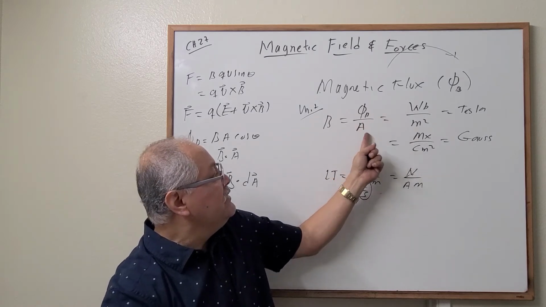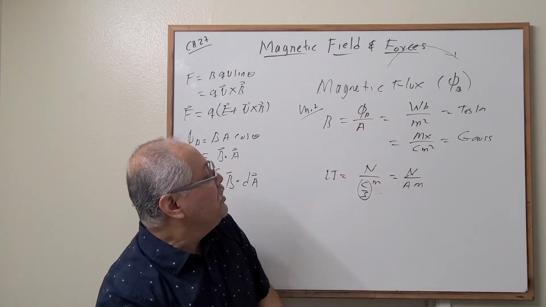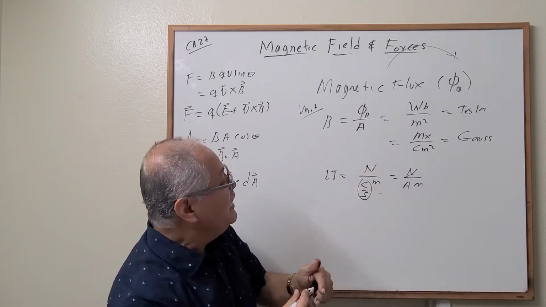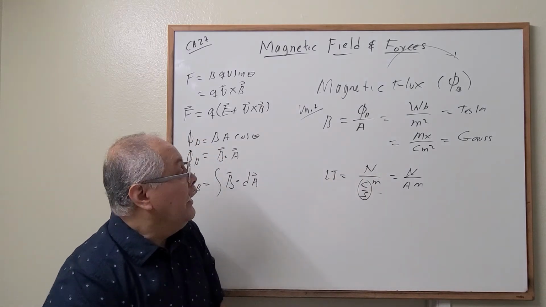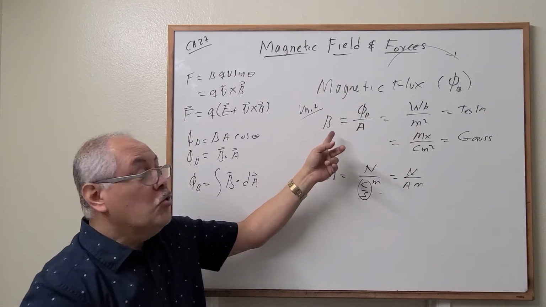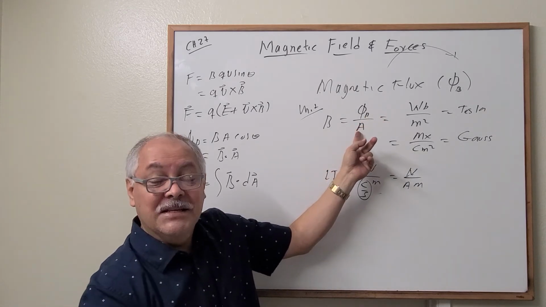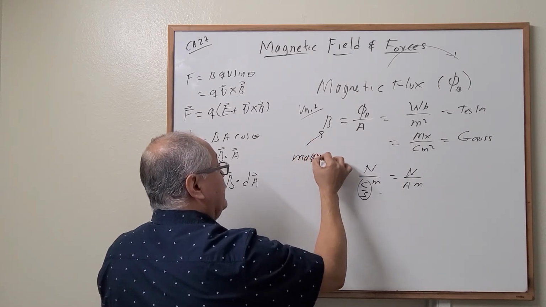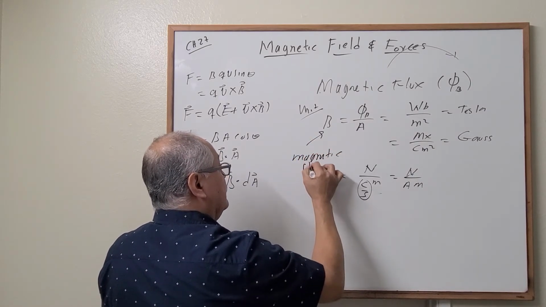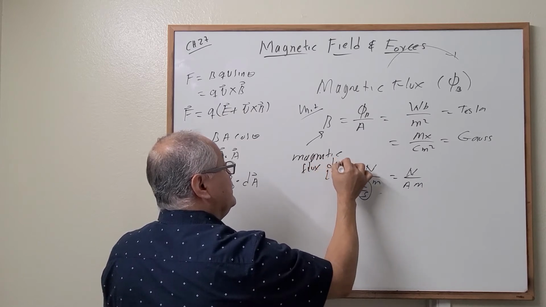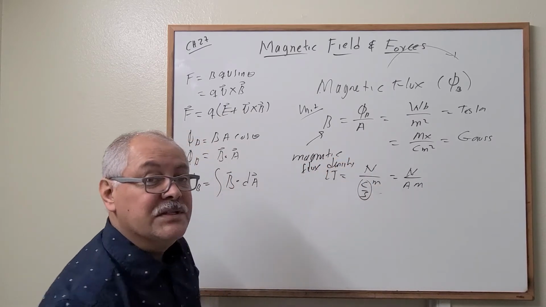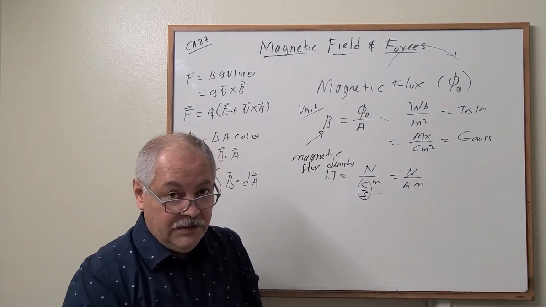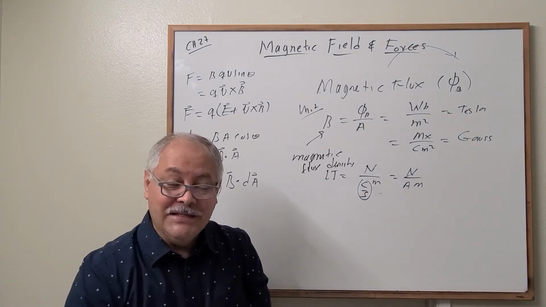So the magnetic field is also called the magnetic flux density. It's another form to represent the magnetic field, magnetic flux density.